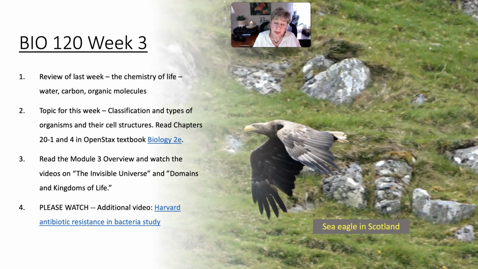I'm also going to post this extra video because it is absolutely astounding and amazing. It's a Harvard study. It's an antibiotic study that shows you how quickly antibiotic resistance happens. You expose bacteria to antibiotics. Some members in that population are going to have natural immunity to that amount of antibiotic.